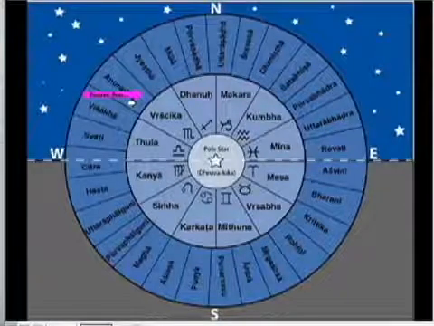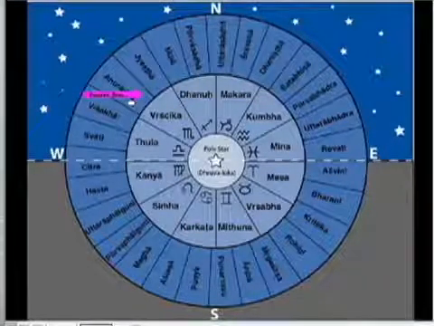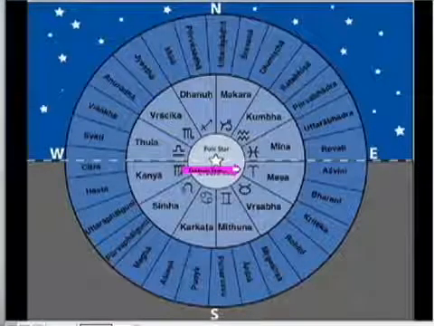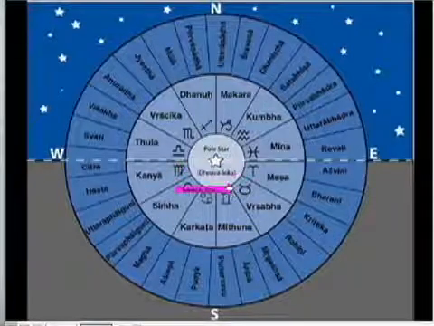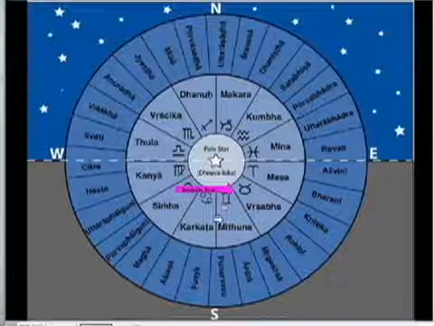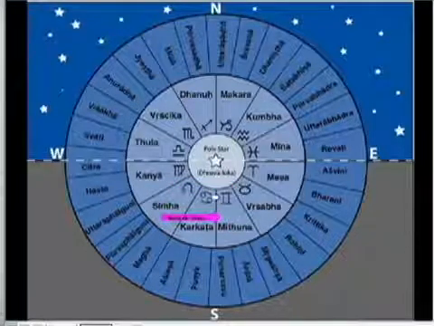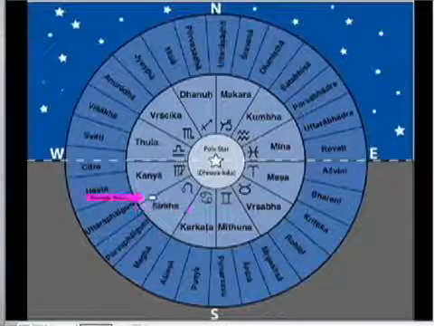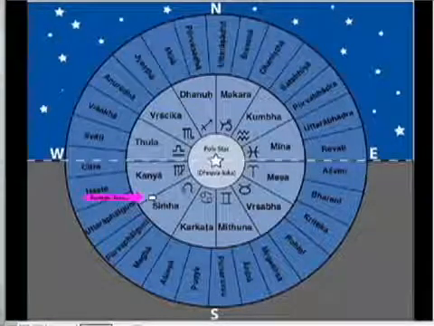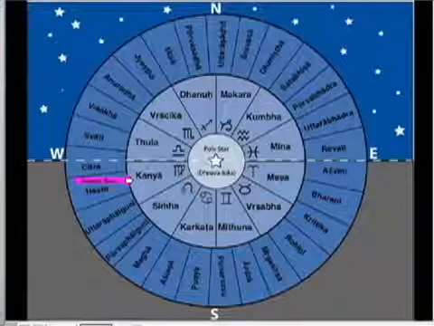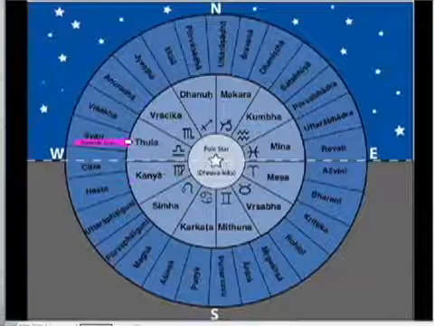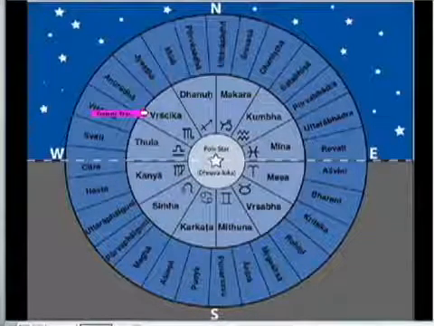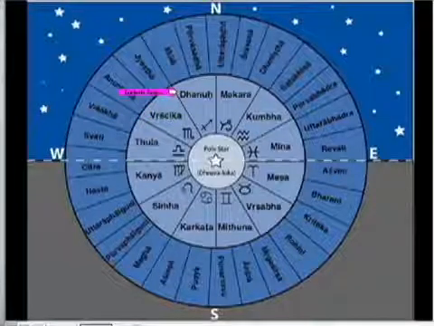So, let's go over the Raśis and Nakṣatras. The Raśis are Mesha, or Aries, Vrishabha, or Taurus, Mithuna, or Gemini, Karkata, or Cancer, Singha, or Leo, my favorite, Kanya, or Virgo, Tula, or Libra, Vrishchika, or Scorpio, Dhanu, or bow.